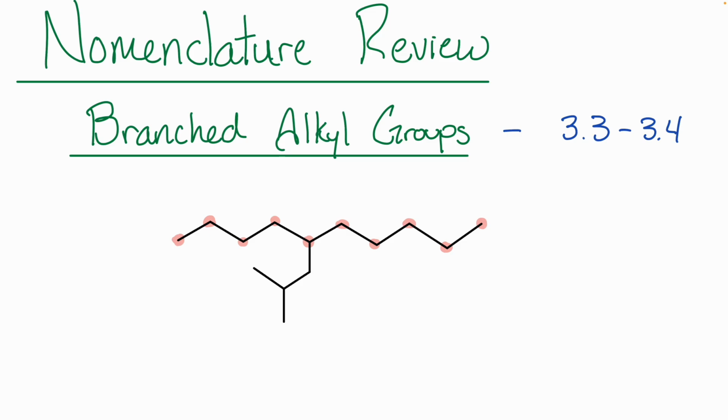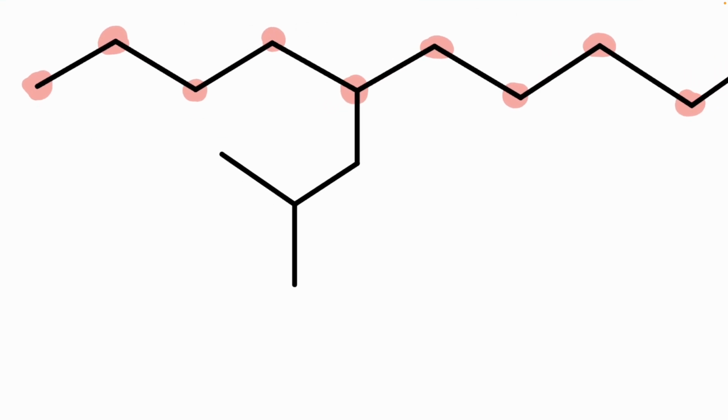That's my parent chain. But now when I move on to step 2 and I do my substituents, I have this branched alkyl group here. I have to account for all 4 of these carbons here, but they're not in a straight chain. This is not just a regular old butyl group. This is now a branched alkyl group.